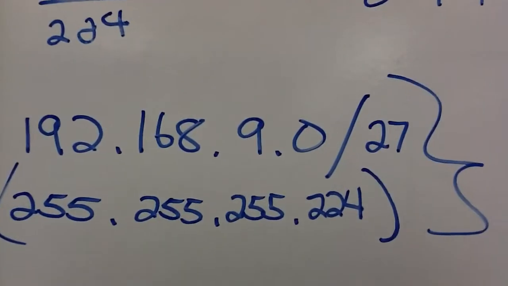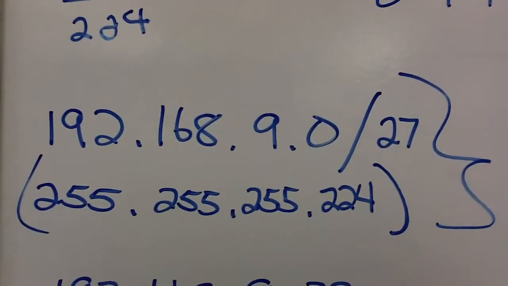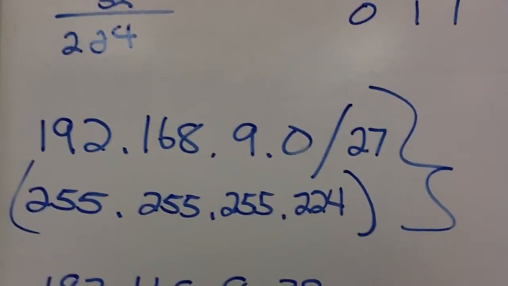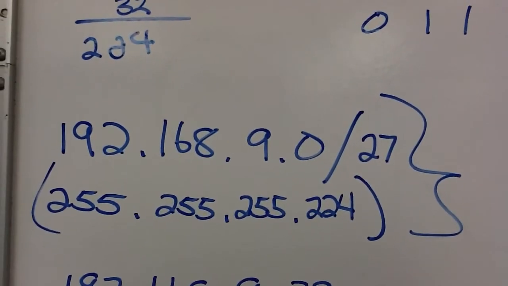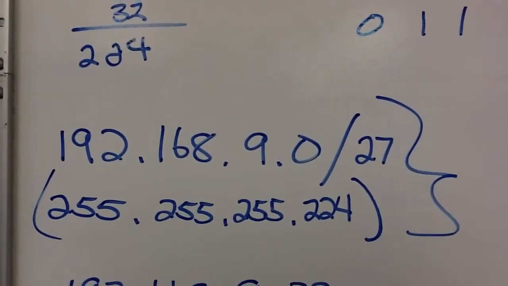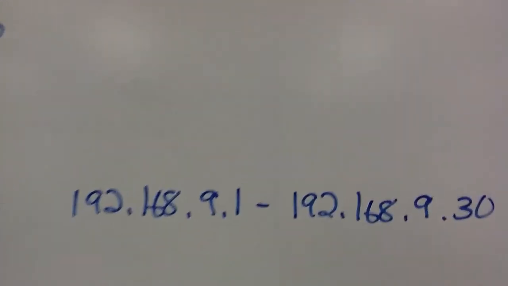Calculated out the first network and calculated the subnet mask, which the router needs in order to be able to determine which part of an address is a network and which part is a host, so it can look it up in the routing table. We wrote out the first set of addresses.